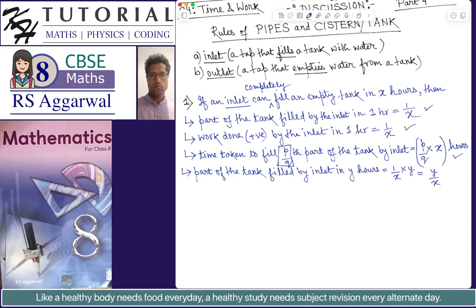So definitely in y hours 1 by x multiplied by y, that is y by x part of the tank, will be filled. Now it is absolutely not necessary to remember all these formulas. These should come by common sense. I have mentioned these as results just to make you understand that these are the fundamental results or concepts that we should keep in mind.